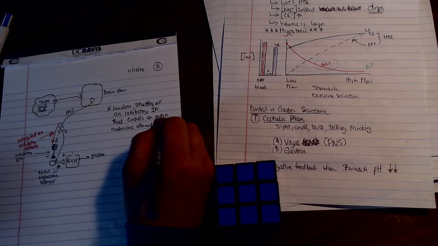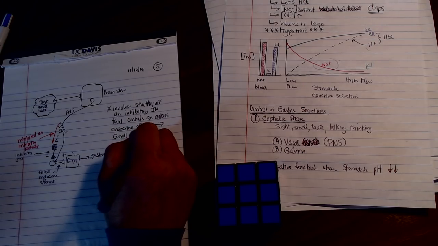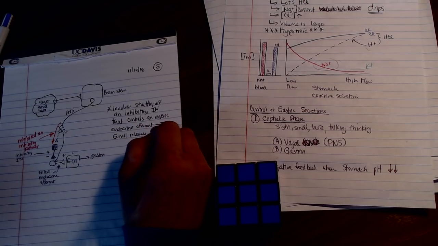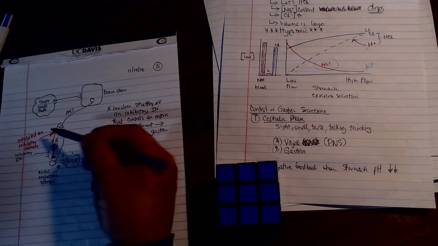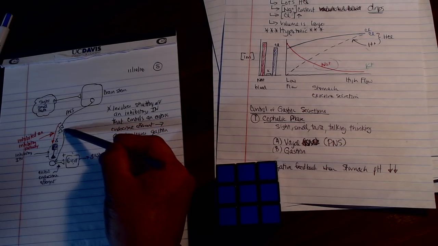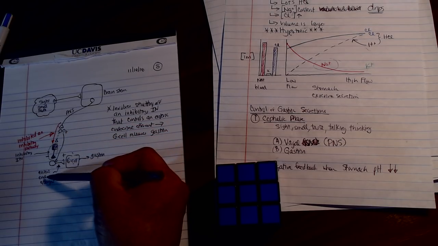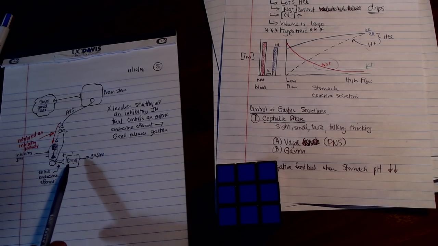So as a result of that, the G cell releases gastrin. Okay, so we're going to shut this guy off, but then at the same time we also have to turn this pathway on. See that? This pathway on. That will then turn on that enteroendocrine efferent to then cause the G cell secretion. Gastrin goes into the bloodstream.